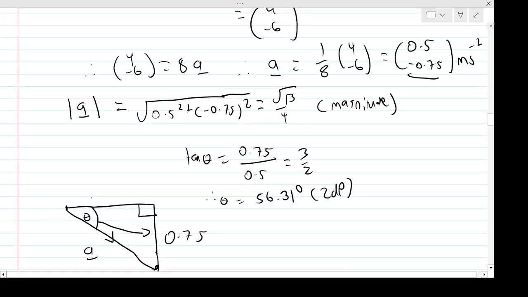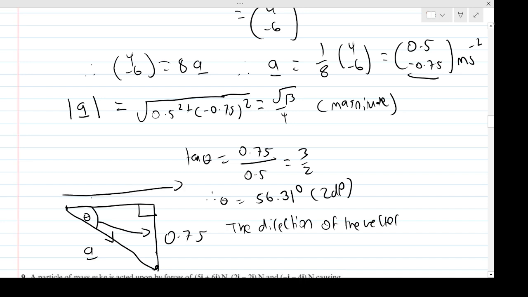And so then the direction of the vector, so this acceleration vector here, again I said the direction is the angle. Now there's two ways you can do this. The more awkward way is, if we treat the horizontal as the x-axis, then theta is below the positive x-axis. So I could say the direction of the vector is 56.31 degrees below the positive x-axis.